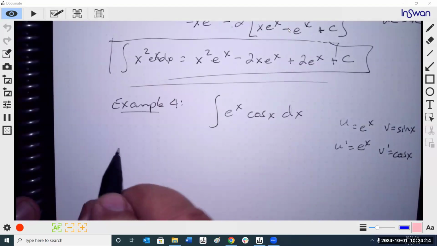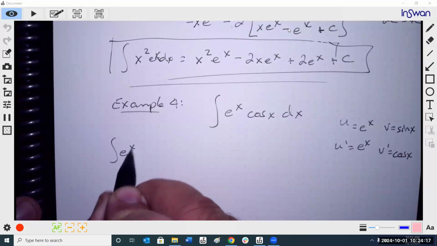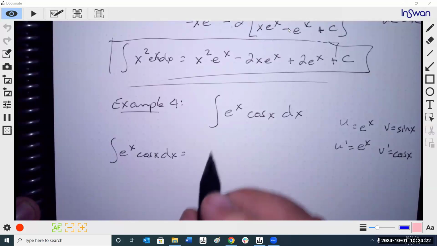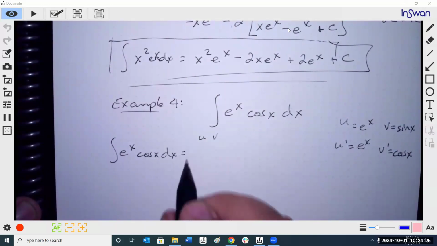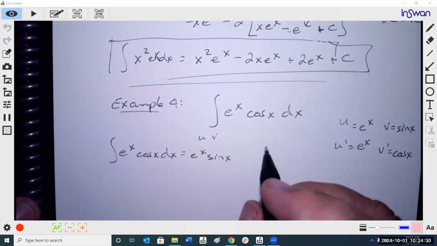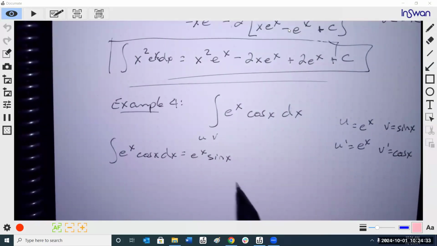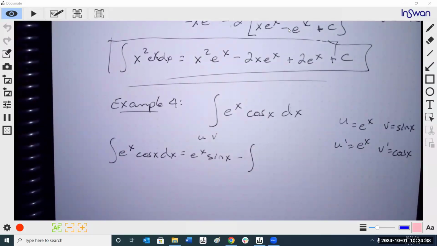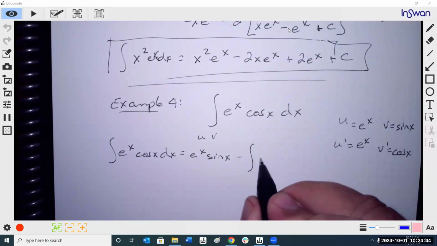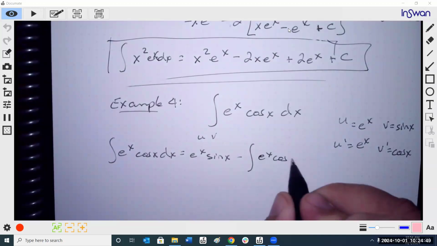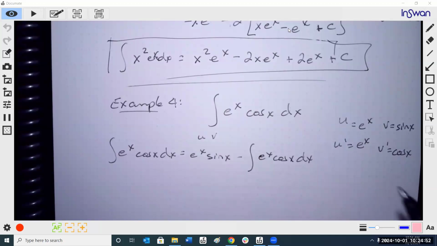So we have our equation, the integral of e to the x cosine x dx equals uv, which is e to the x sine x, minus the integral of v u prime, which is sine x times e to the x dx.